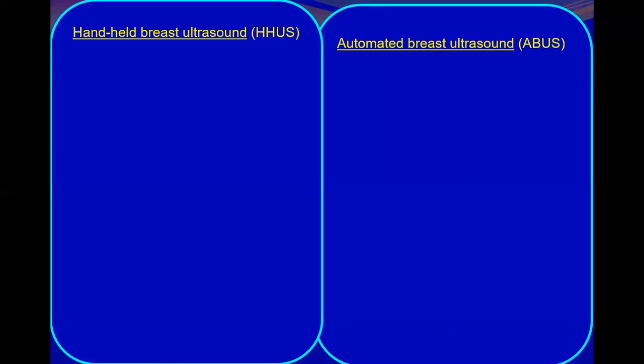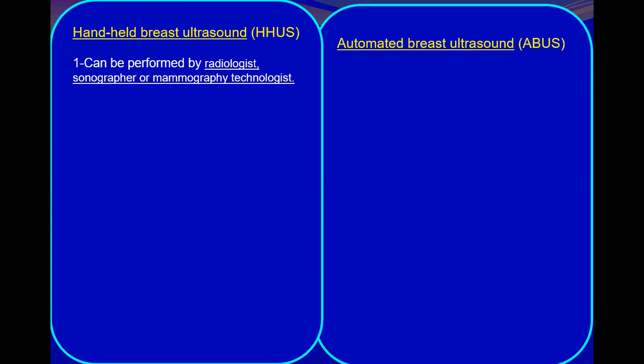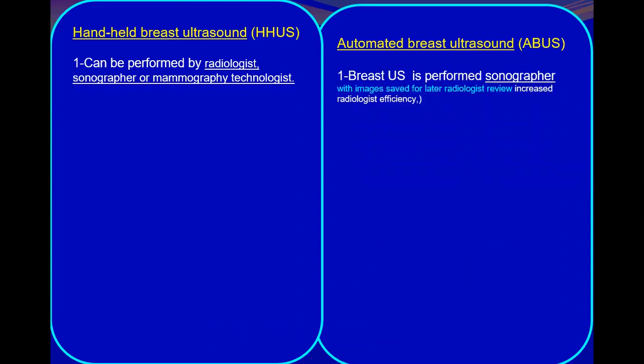Comparing the handheld with automated, the handheld can be performed by a radiologist, sonographer, or mammography technologist, while the automated is usually performed by the sonographer or the technologist, with the image saved for the radiologist to interpret later.